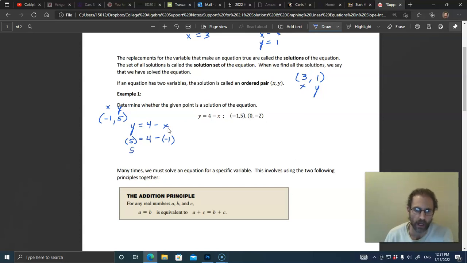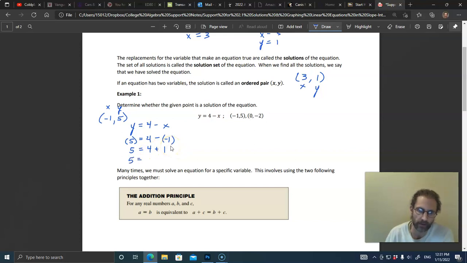All right, so the 5 I'm going to bring down. I don't need it in parentheses anymore. And I'm going to change these double negatives to a plus. So if you remember from pre-algebra, subtracting a negative is the same as adding a positive. So that becomes 4 plus 1. So we'll keep working here. 4 plus 1 is 5.